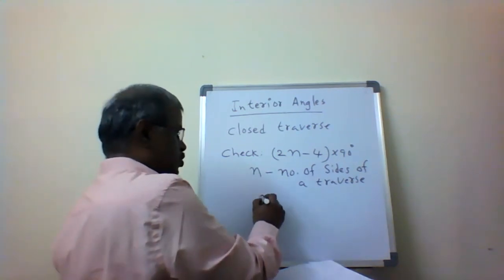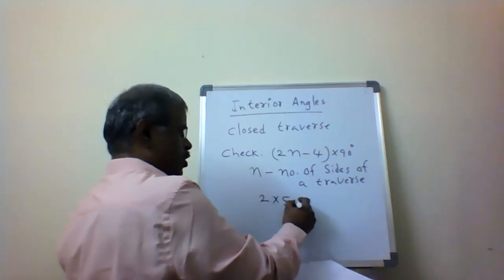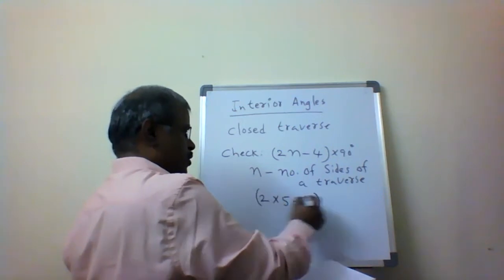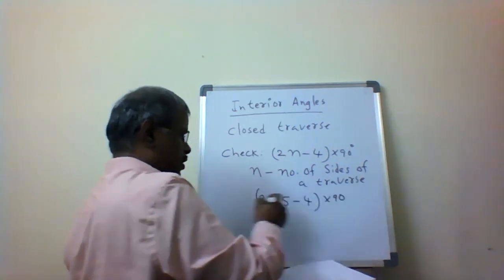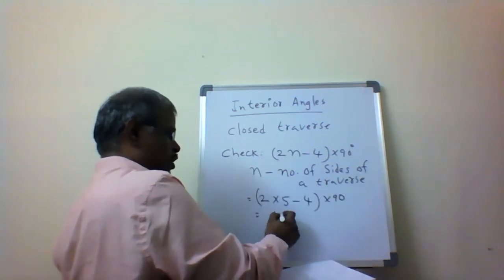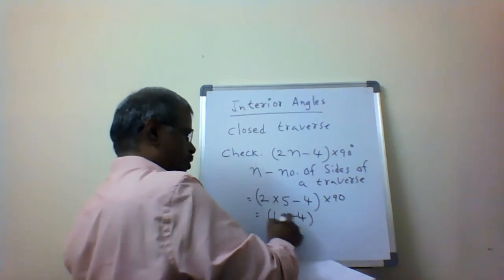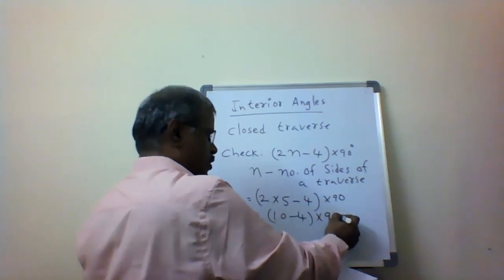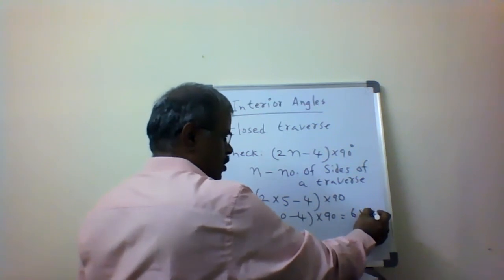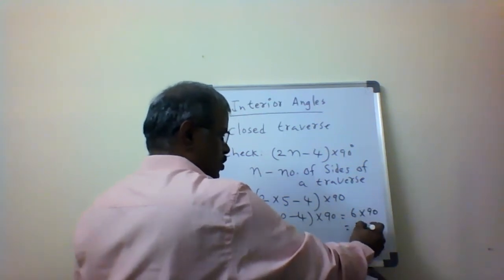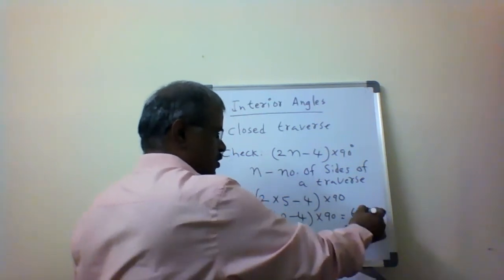So (2 into 5 minus 4) into 90, that is (10 minus 4) into 90, so 6 into 90, which is 540 degrees.